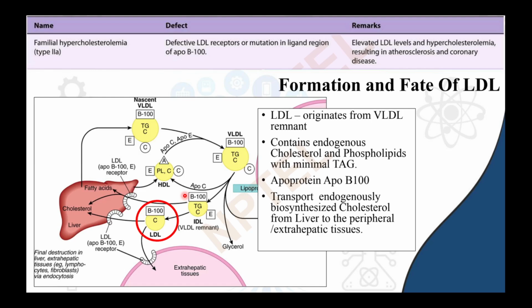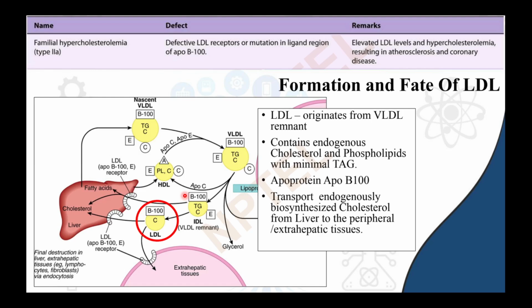It results in atherosclerosis and coronary disease. Okay, so LDL, which originates from the VLDL remnant, contains endogenous cholesterol and phospholipids with minimal triacylglycerol.